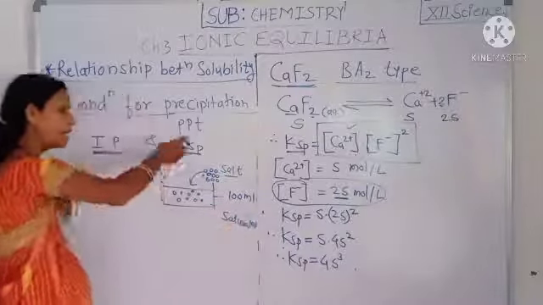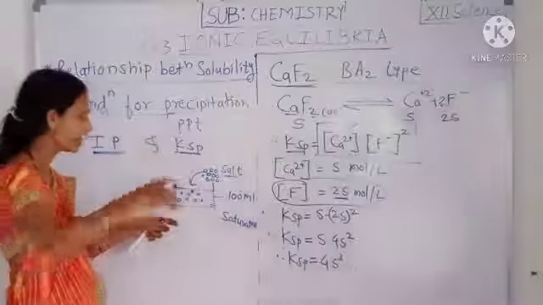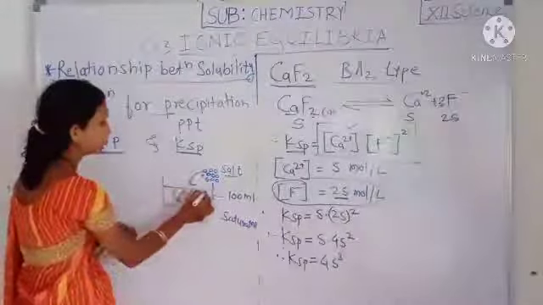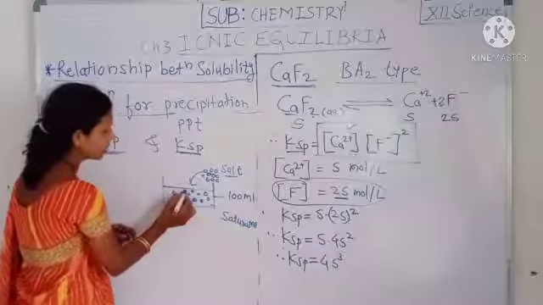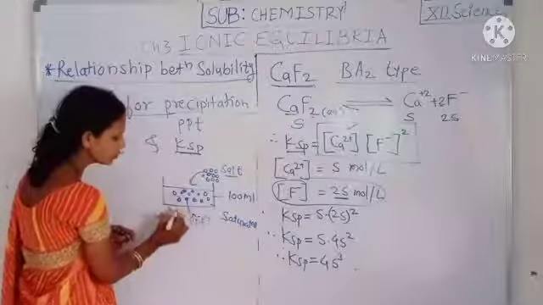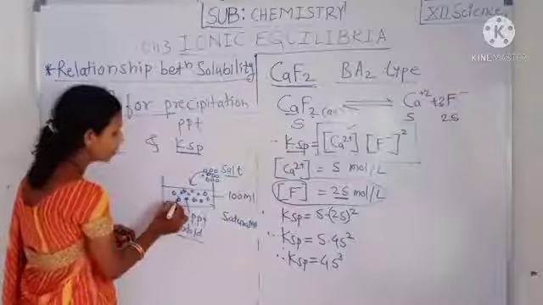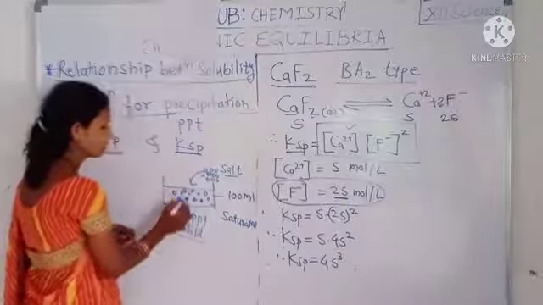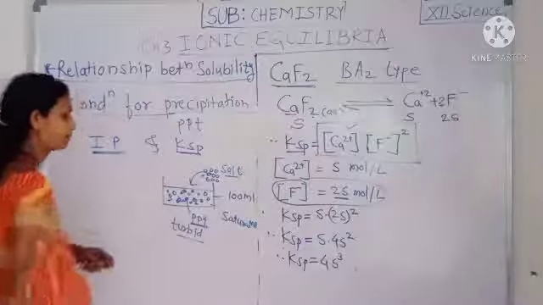And if we add moles of salt beyond that, the salt remains in the solution and PPT formation occurs, that means the solution becomes turbid and residue formation takes place, that is the precipitation.